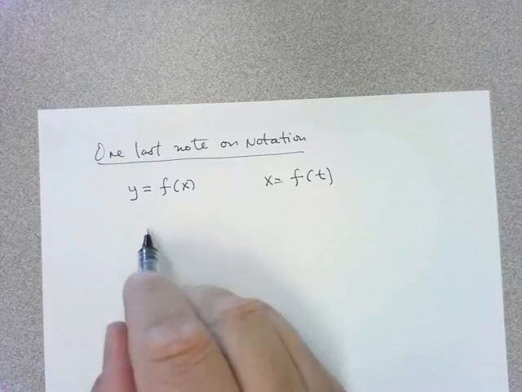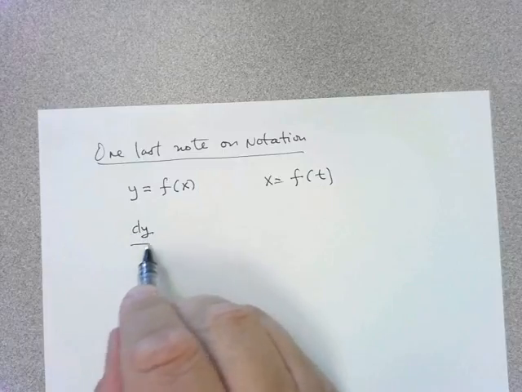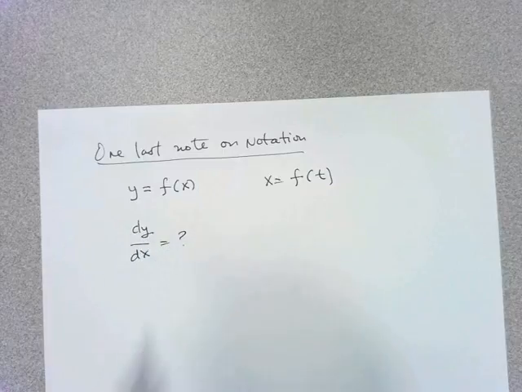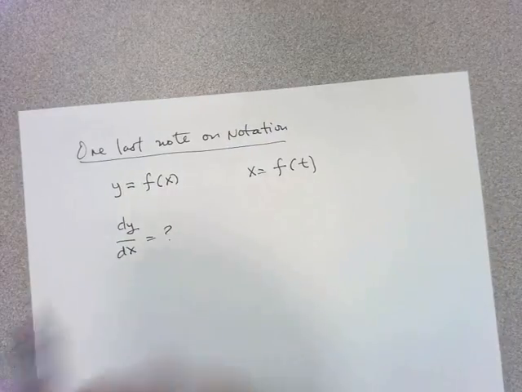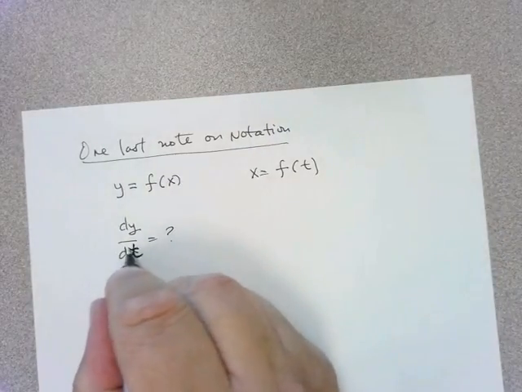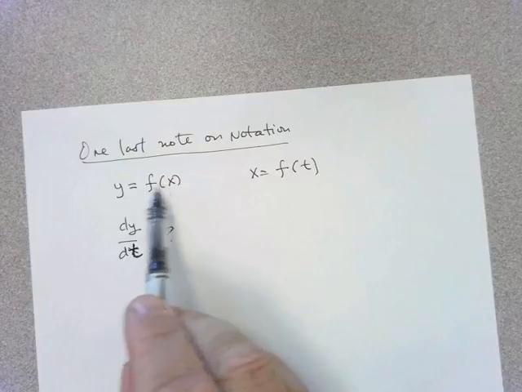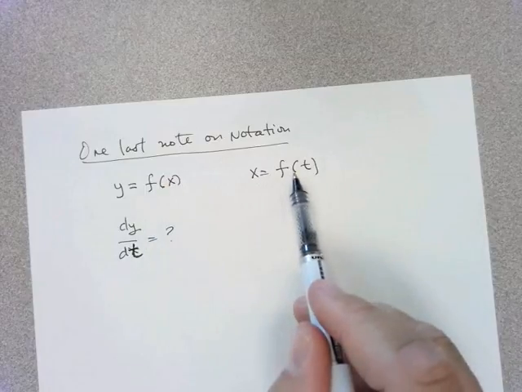When I ask the question, what's the derivative of y with respect to t? y depends on x. y is a function of x, but x is a function of t.